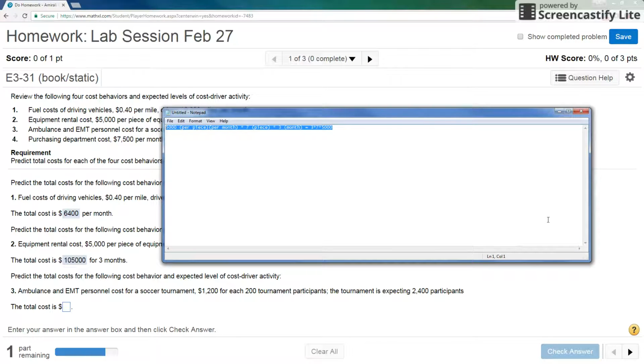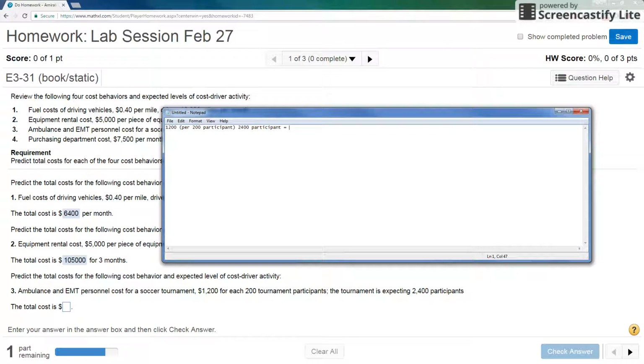This time it says 1,200 per 200 participants, and we have 2,400 participants.